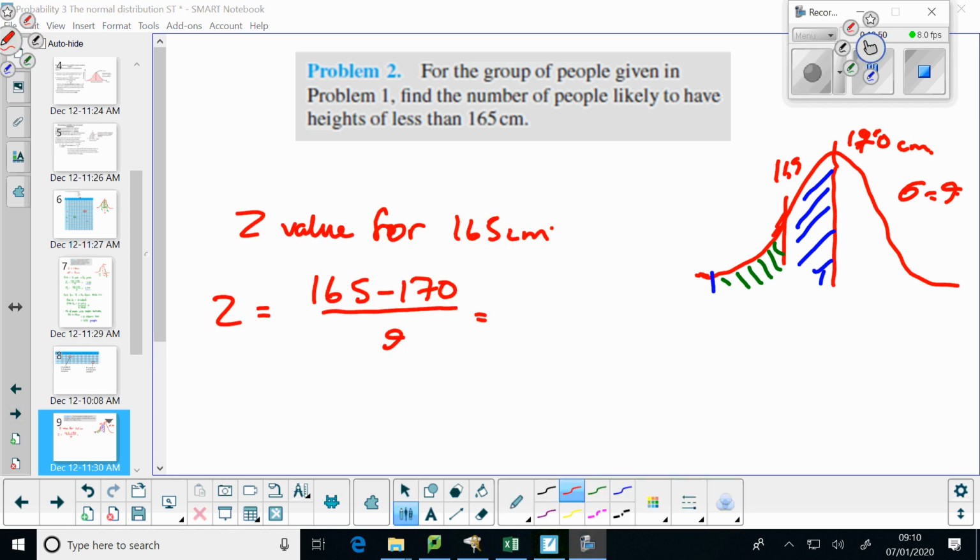Gents, this Z value, we must have 3 digits and we must round it correctly to 3 digits, because that's what the table needs, including the 0 in front of the decimal point if that's necessary. Yeah. So the value here comes out at 0.55 recurring. We need to make sure we round that to minus 0.56.